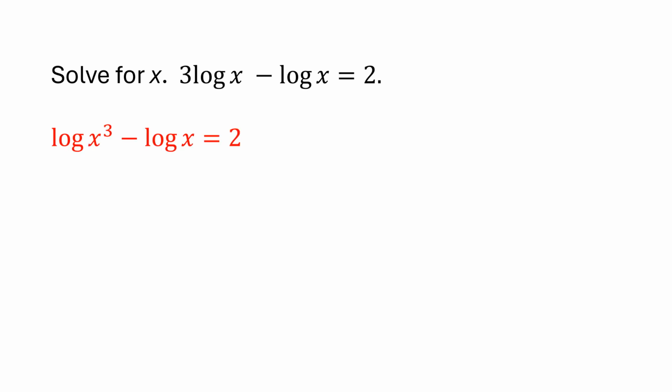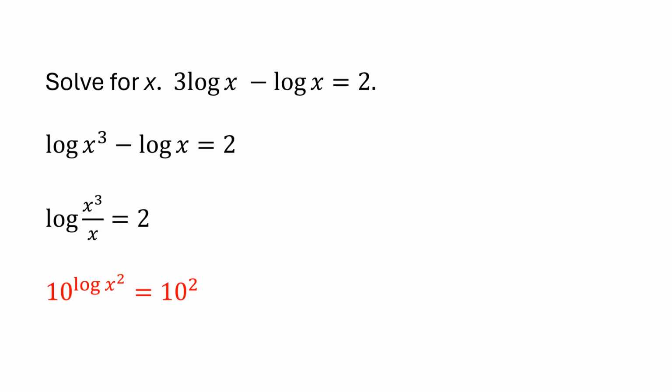So here we have the 3. We need to make it a power of x. So we have log x cubed minus log x equals 2. Log of x cubed over x, we have a subtraction, so we have a quotient, equals 2.